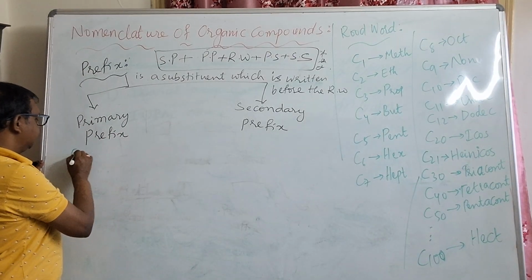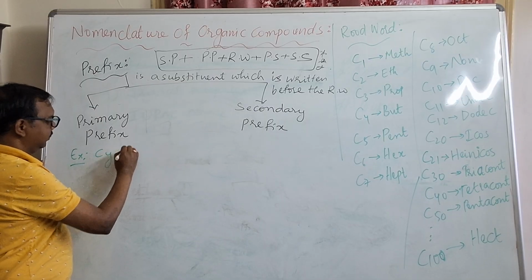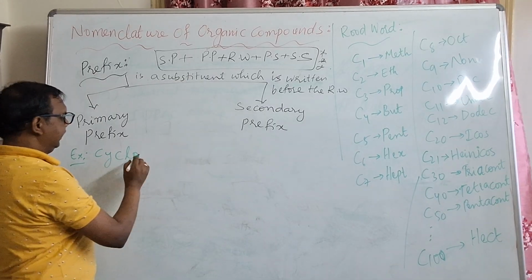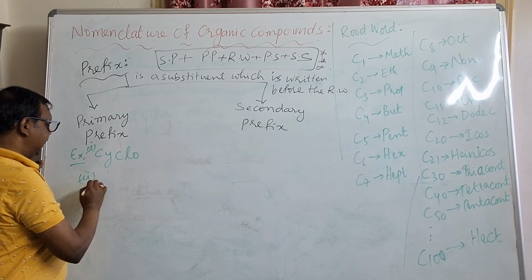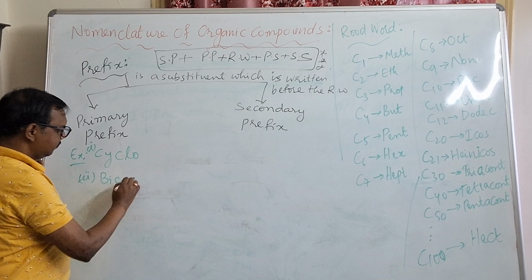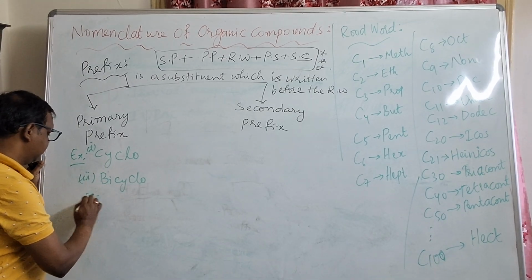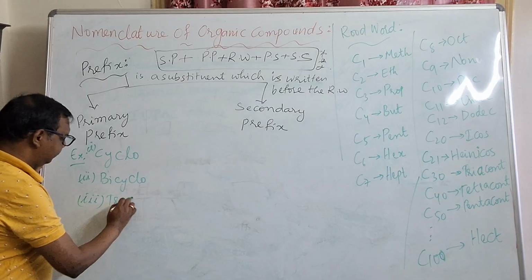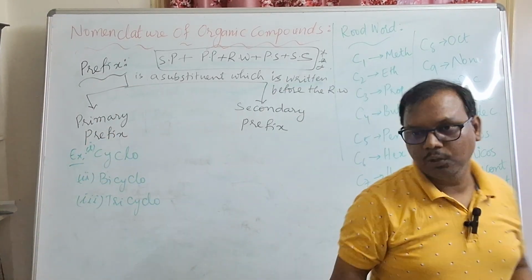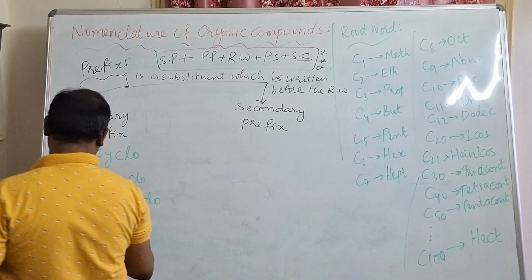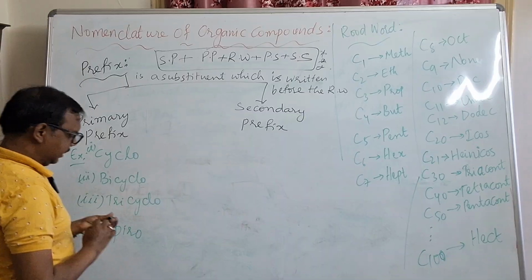The primary prefix examples you can write as cyclo, bicyclo, tricyclo, spiro. These are prefixes.